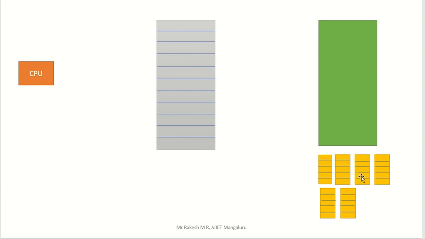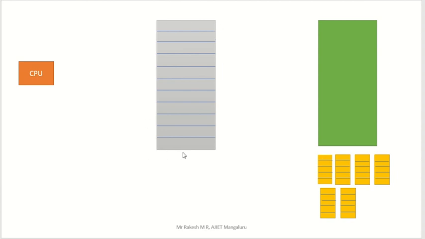Out of all the pages, the main pages are the ones we are going to take into main memory. Like this, for all the 6 processes, only main pages we are going to load in main memory. By that we are thinking that all the processes are there in main memory.